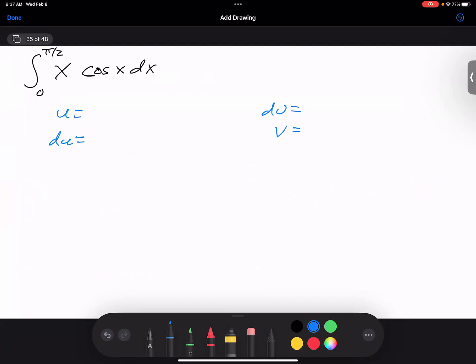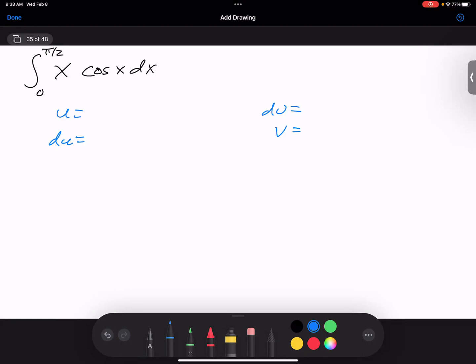There's for the most part two choices here. Do I want u to be x, or do I want u to be cosine of x? Do I want dv to be x dx or cosine x dx? Any thoughts as to which way we should do this? What do you think? You have a 50-50 chance.